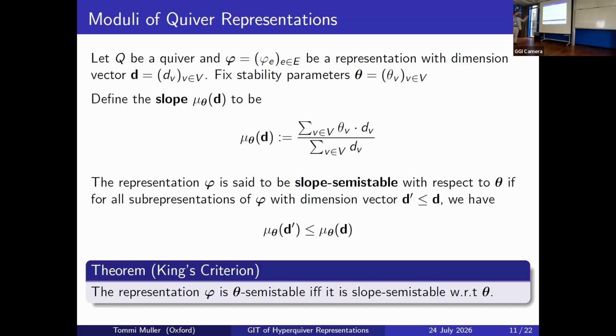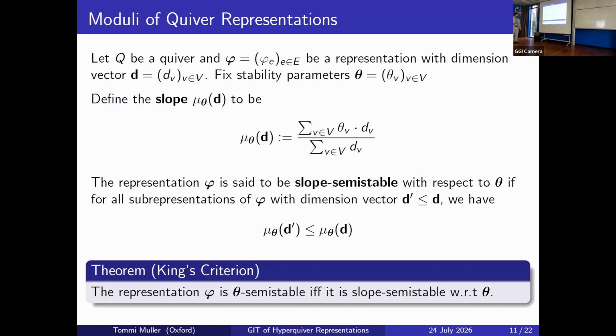But you have to pick only sub-representations, so they have to be closed under phi. Yes, so you can't just pick any.